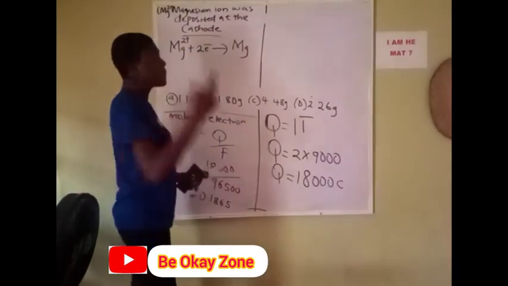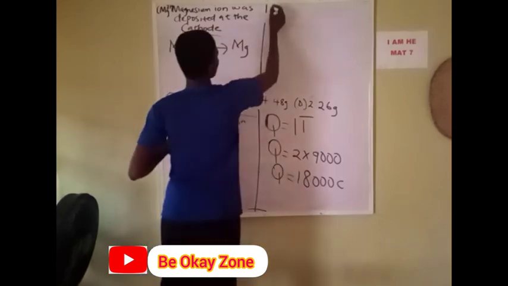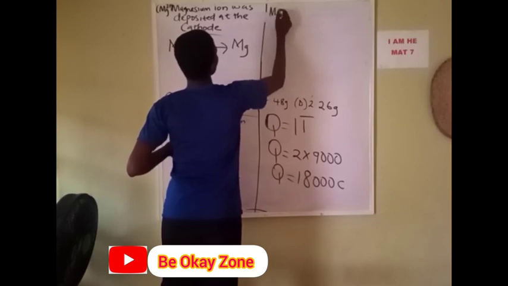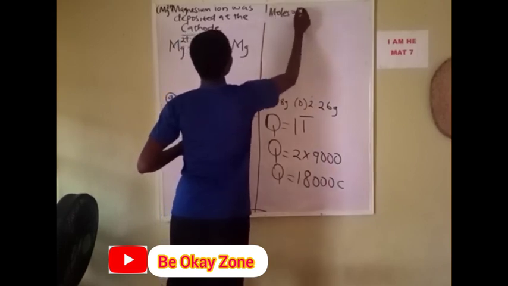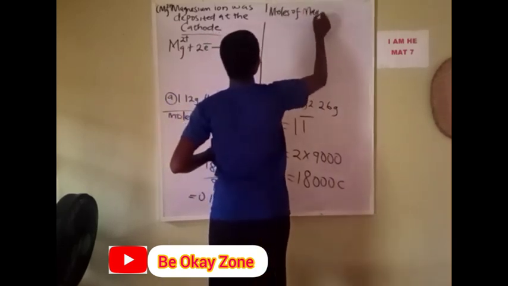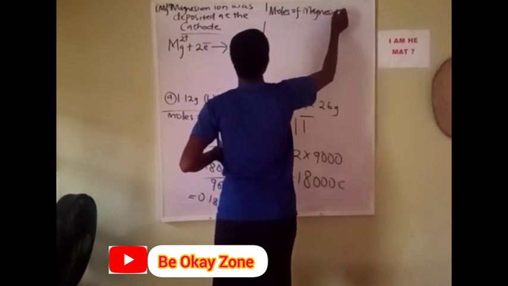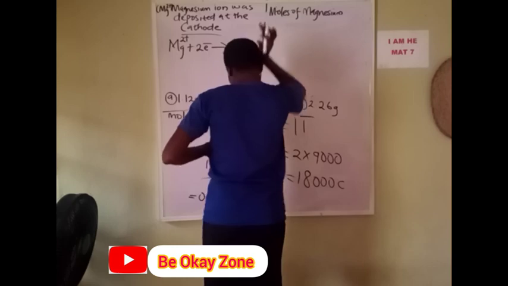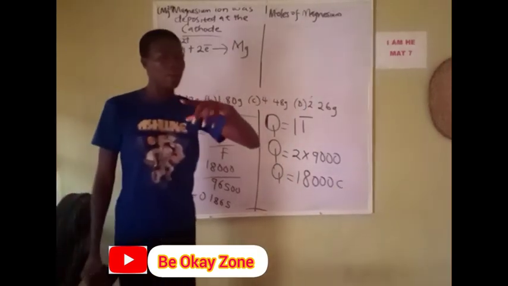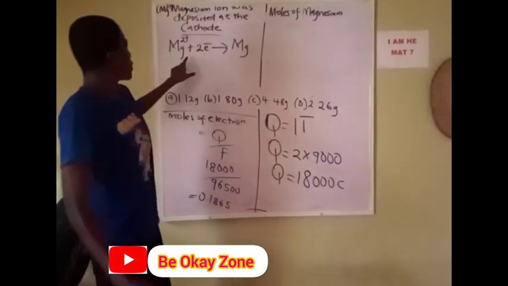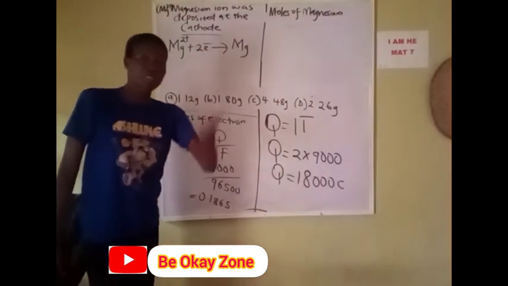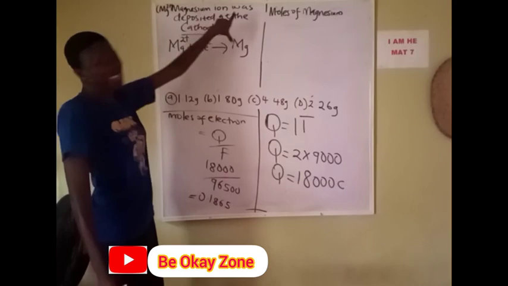During electrolysis, magnesium chloride was electrolyzed, and magnesium was deposited at the cathode.